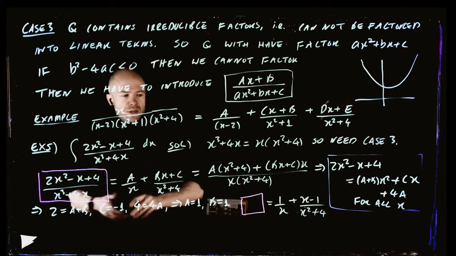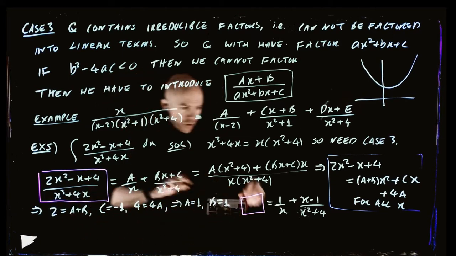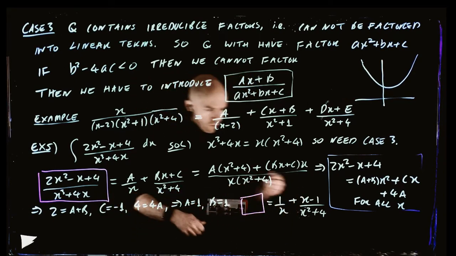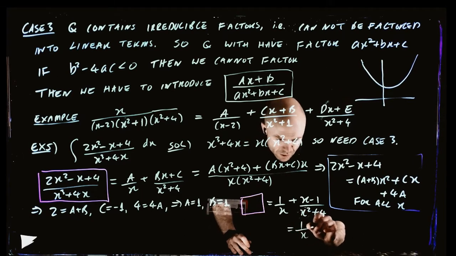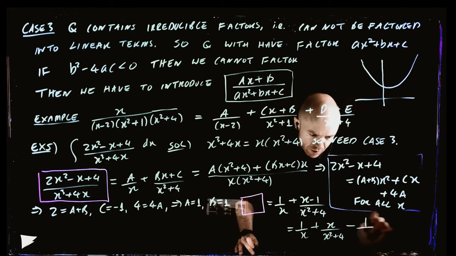Cool. So then we can integrate. Well, we can integrate some of this stuff pretty easily, right? So we can write this as 1 over x plus x over x squared plus 4, and then minus 1 over x squared plus 4.